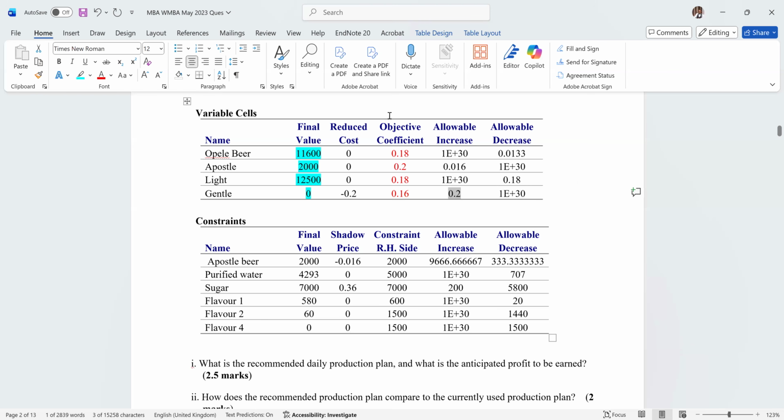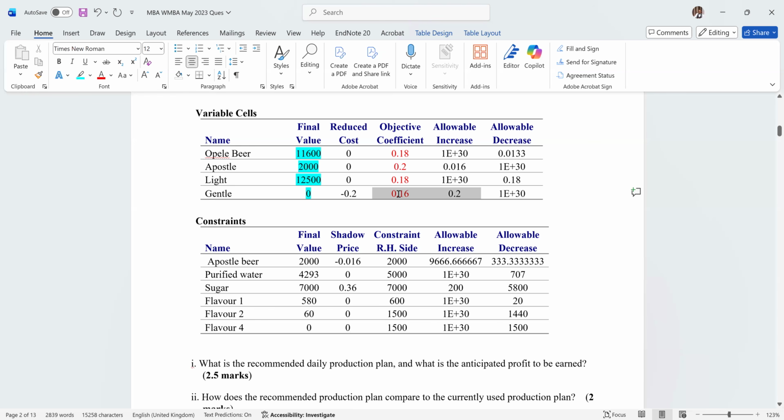Yes, Bernard. Quick question. I think earlier on you mentioned that the 0.16 plus 0.2 was 0.18, but it's supposed to be 0.36. 0.36 was for sugar. To the gentle beer, the coefficient plus the allowable increase.